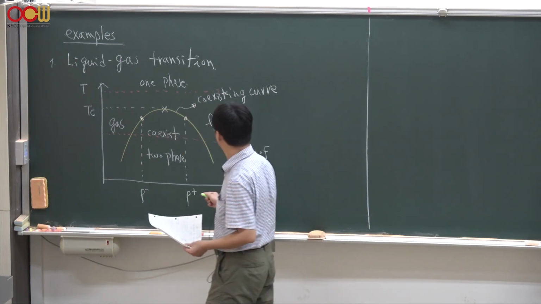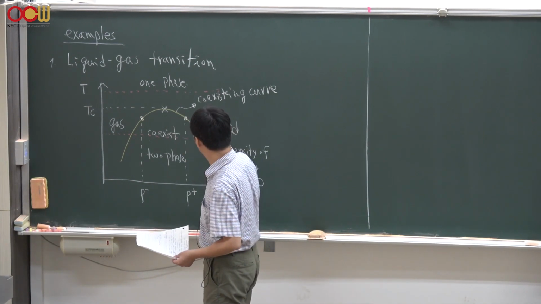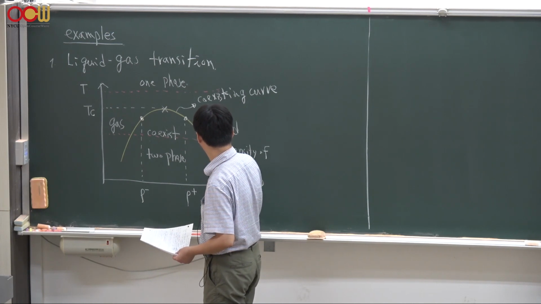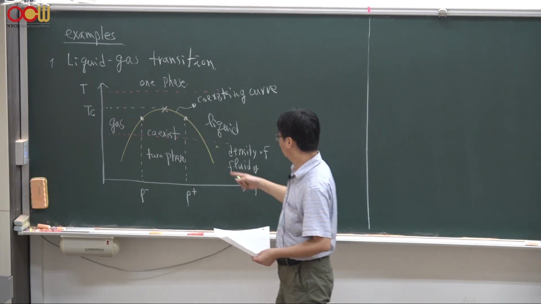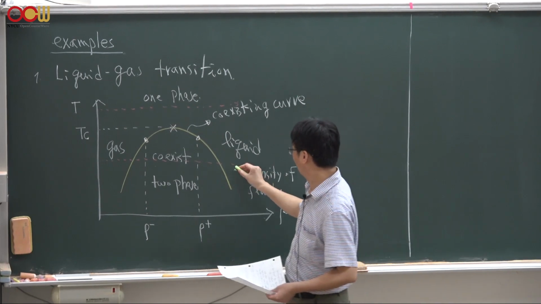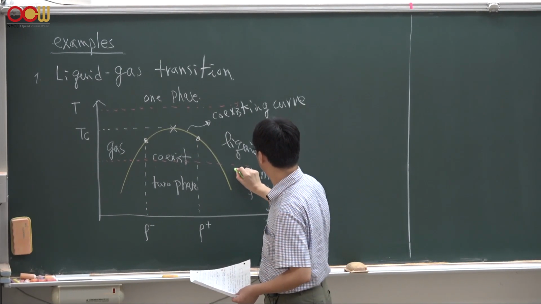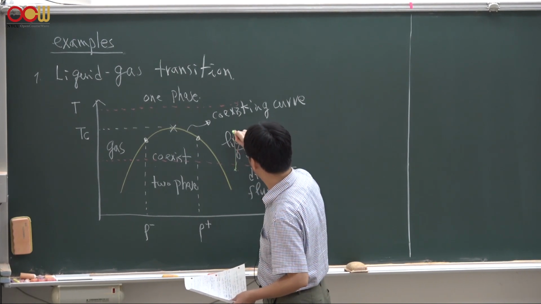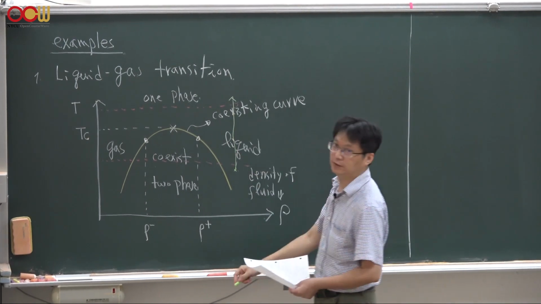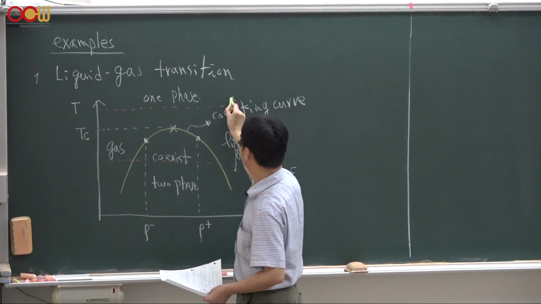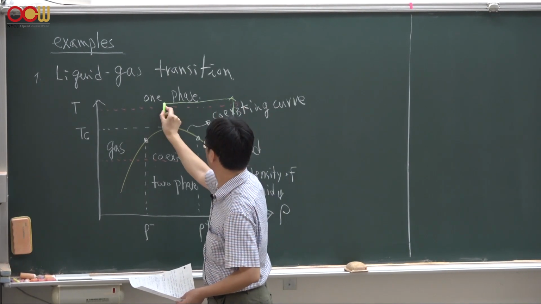On the other hand, if I start from a temperature below Tc, like here, I can avoid passing through this 2-phase region by following a detour path, where you first keep the density fixed but increase the temperature up here, and then you change the density by fixing the temperature like this.